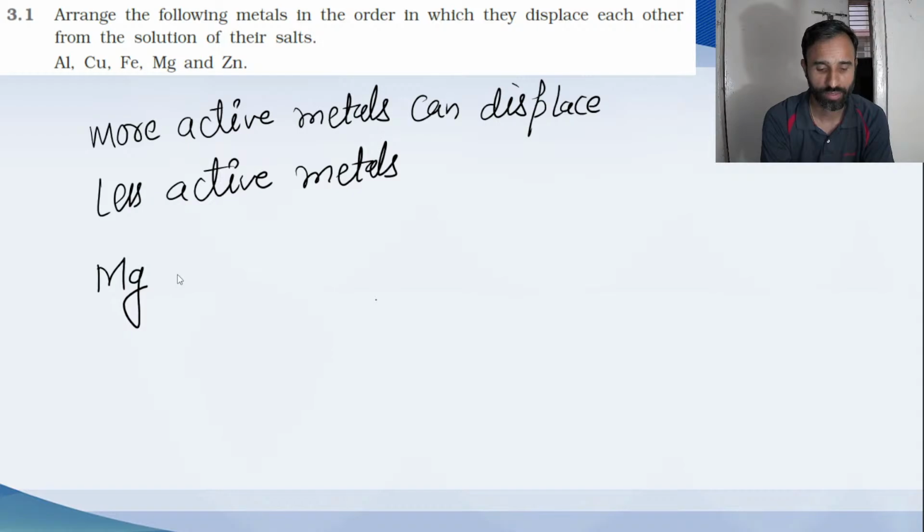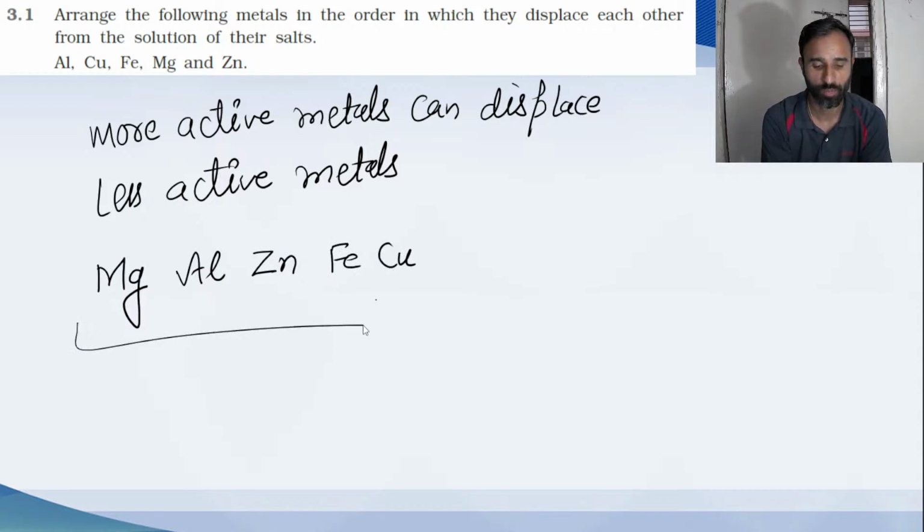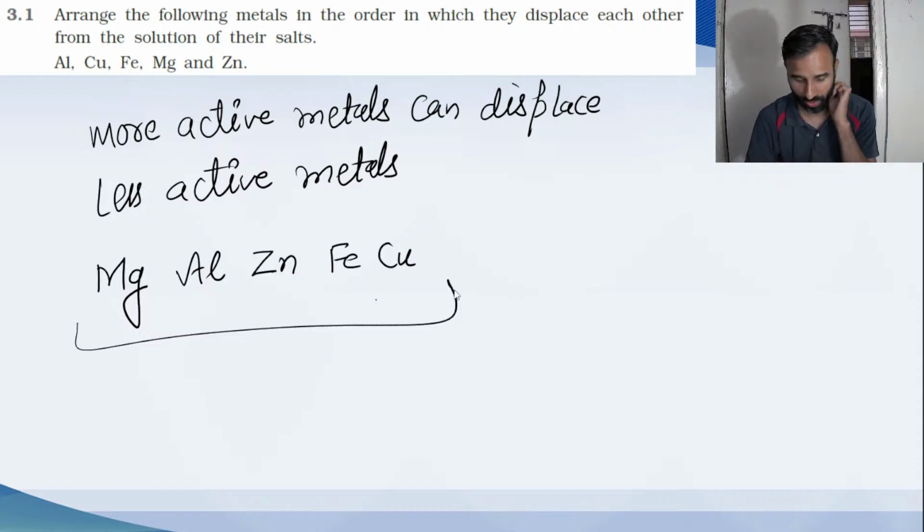And then it is aluminium. After that comes zinc, then iron, and at the last it is copper. So this is the order: magnesium, aluminium, zinc, iron, and copper.